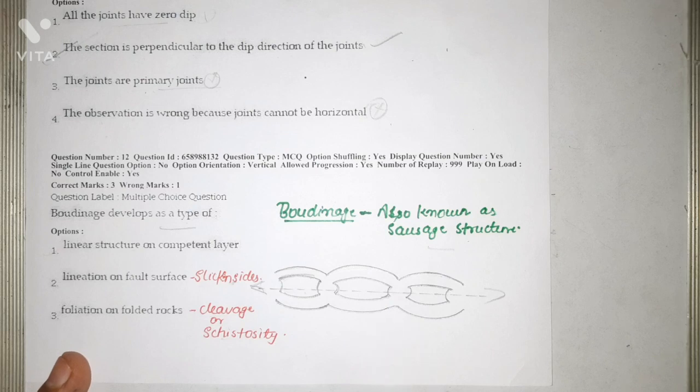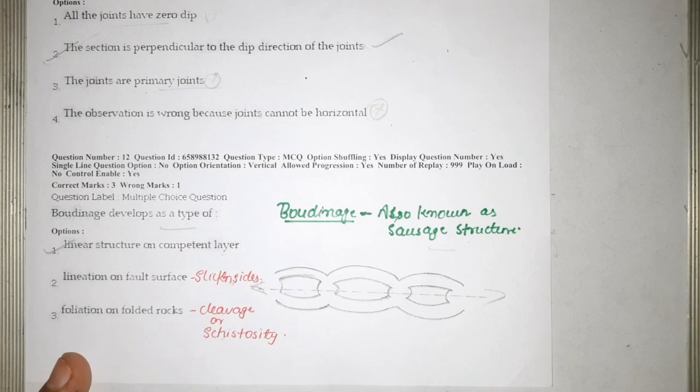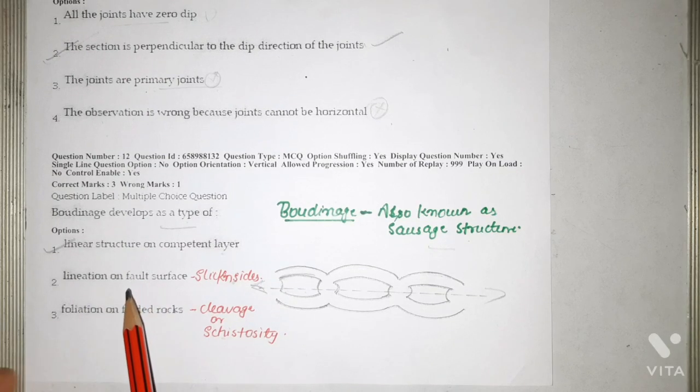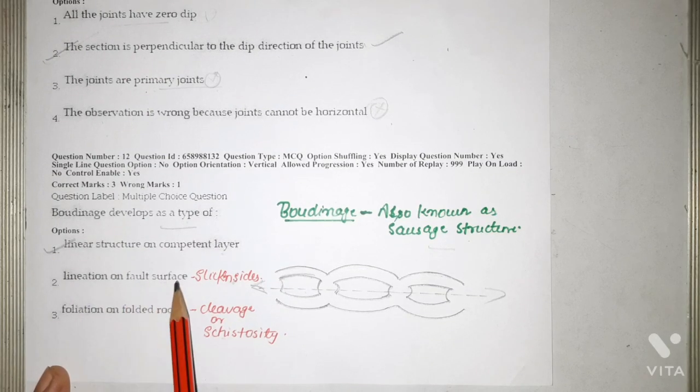These blocks are known as boudins, and they are joined by a line called the boudin line, which is a lineation. So basically boudin develops as a type of linear structure on a competent layer. Now the second option is lineation on fault surface. Lineation on a fault surface is described by the term slickensides, which we will be discussing in later questions.